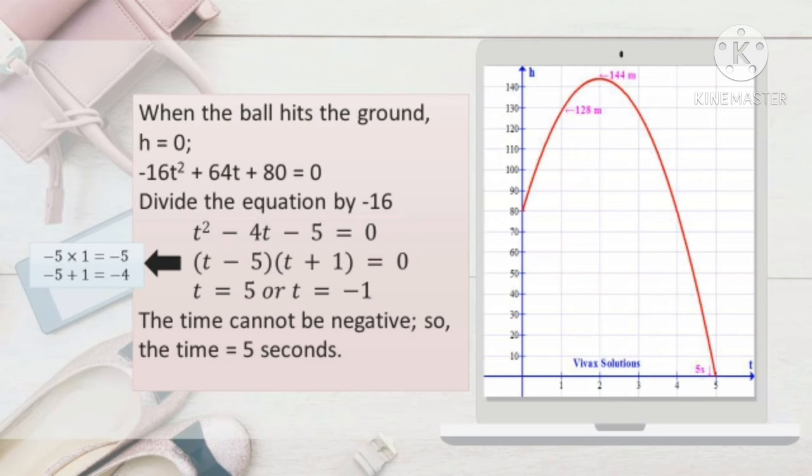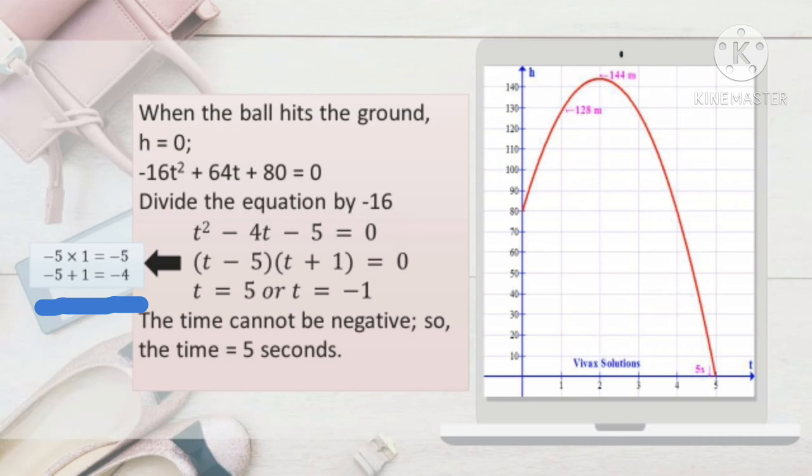So we can solve this equation with the three methods which have been studied earlier. I will solve this problem with the factoring quadratic method. So we have to find two numbers. When we do multiplication, the result is minus 5. And when we do adding, the result is minus 4.